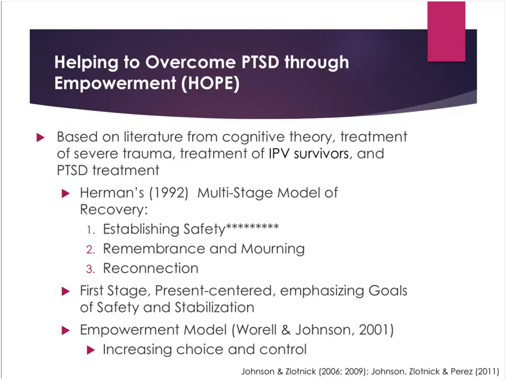If you're familiar with Herman's model, she hypothesizes 3 stages of recovery, with the first stage really focusing on establishing safety. I have that starred multiple times, because I think that's the stage that women in shelter are at. They're early in recovery. Their focus is on stabilization, emphasizing goals of safety and empowerment.